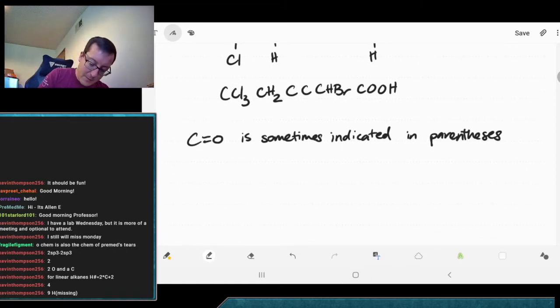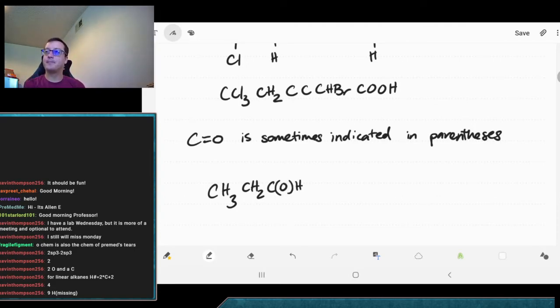Sometimes if we were to have something like this, that indicates that it is a carbon double bond oxygen, as opposed to an oxygen that's bound with a hydrogen.